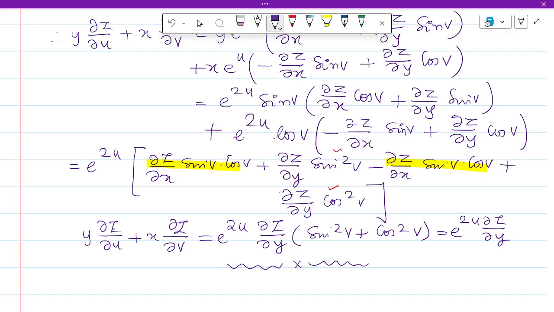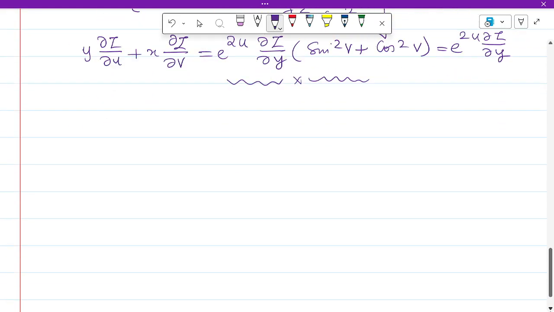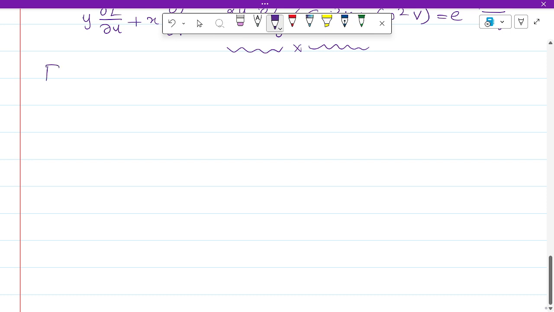Next we can do problems in Taylor series.